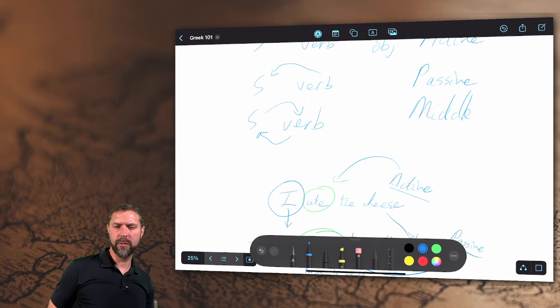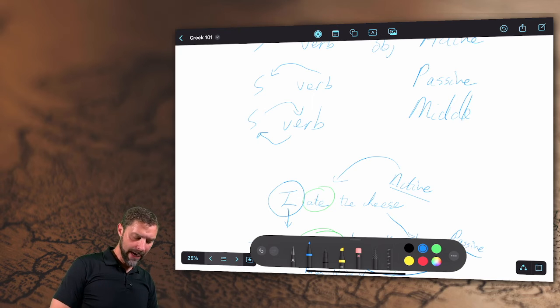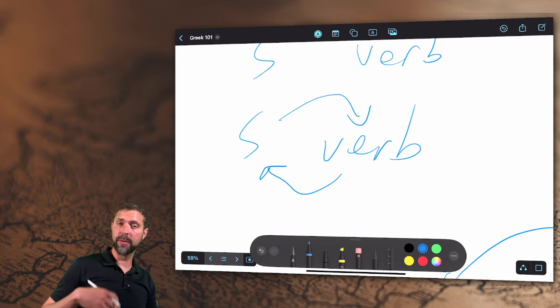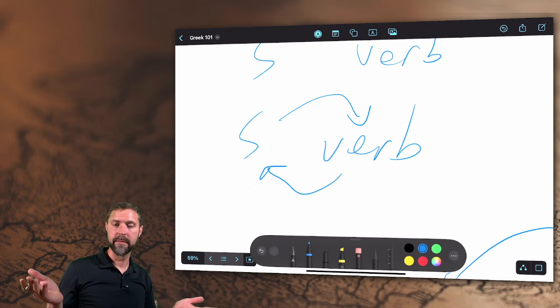If you wanted to be ludicrous, you can say something like, the cheese is eating itself. More realistic examples would be something like, I shaved this morning. Well, who or what did you shave? Oh, I shaved myself. The actor, the subject, is performing the action of the verb onto himself.